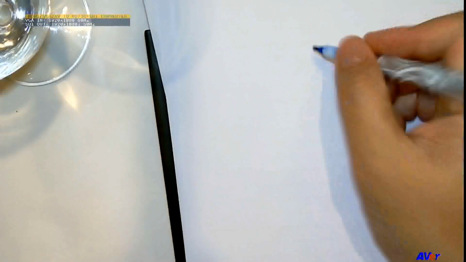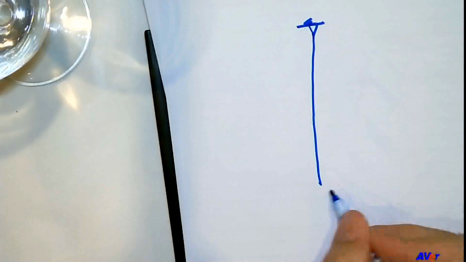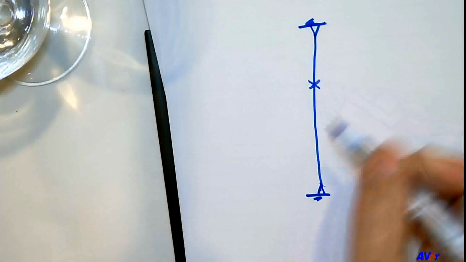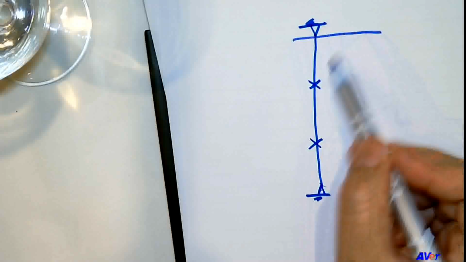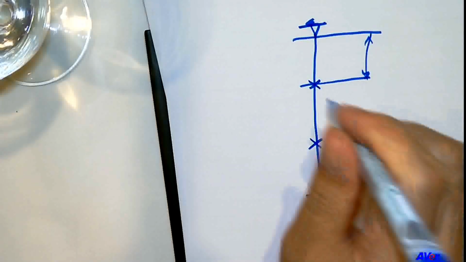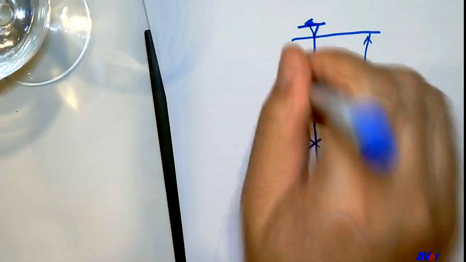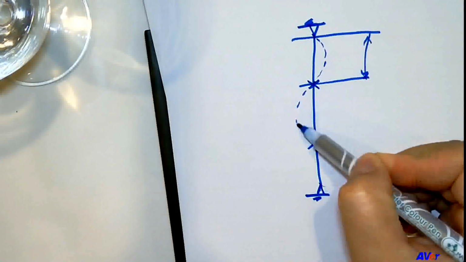For example, if you have a column that long, let's put some support on it, and I prevent the movement at that point. This becomes the unbraced length, right? If I somehow find a way to prevent this point from moving in this direction and that direction at the same time, that means my column will be free to move like this.